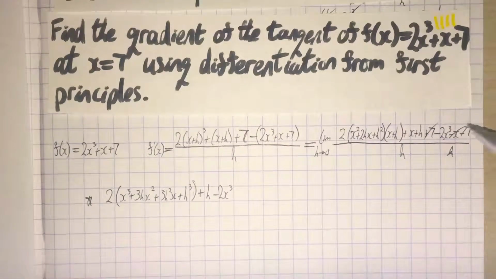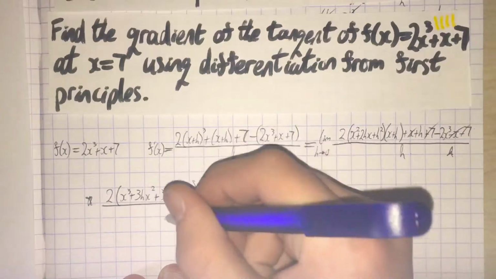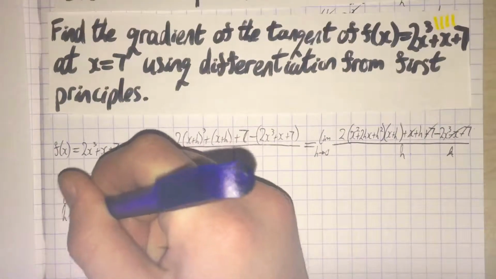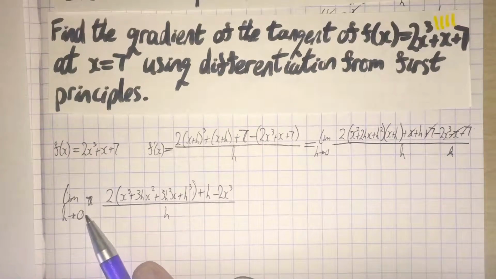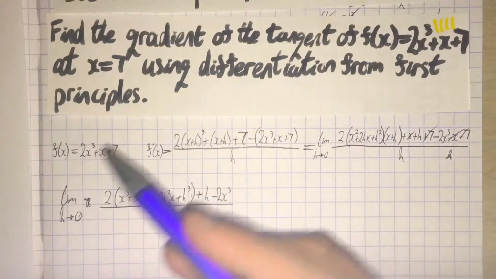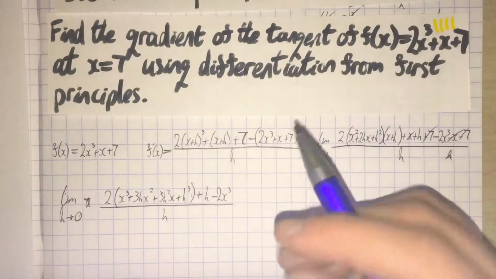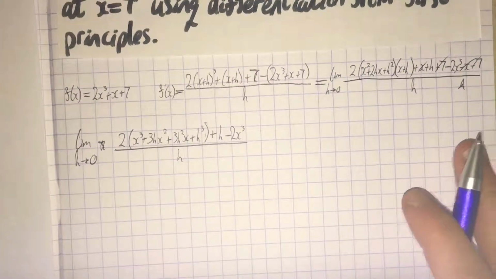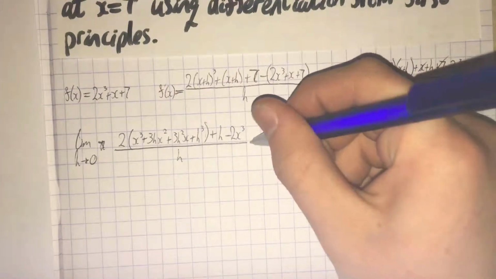I forgot to mention the x's here. Cancel off, just noticed in transition. And that is, of course, all over h with limits as h tends towards 0. That's not times, by the way, despite looking like a star, which hopefully you'll be stars at this after the video.